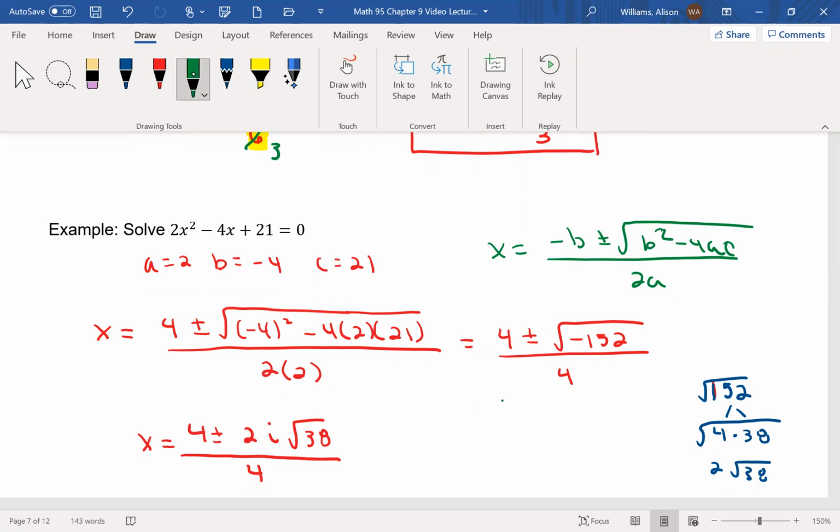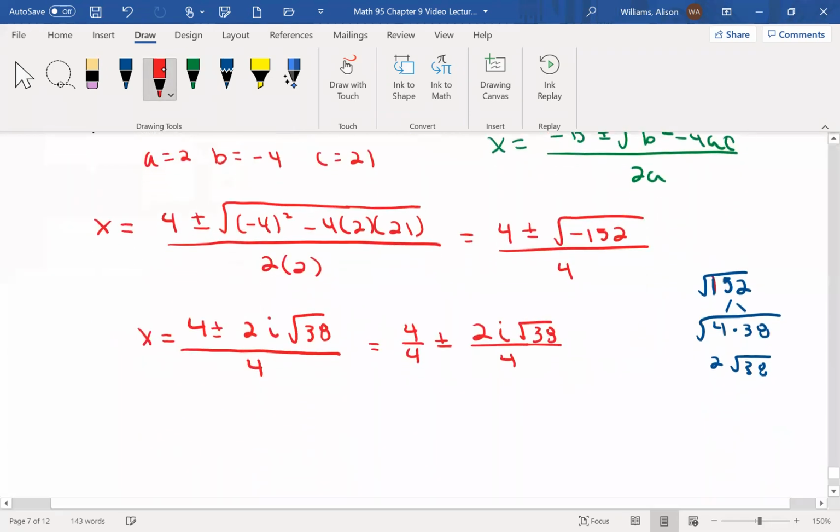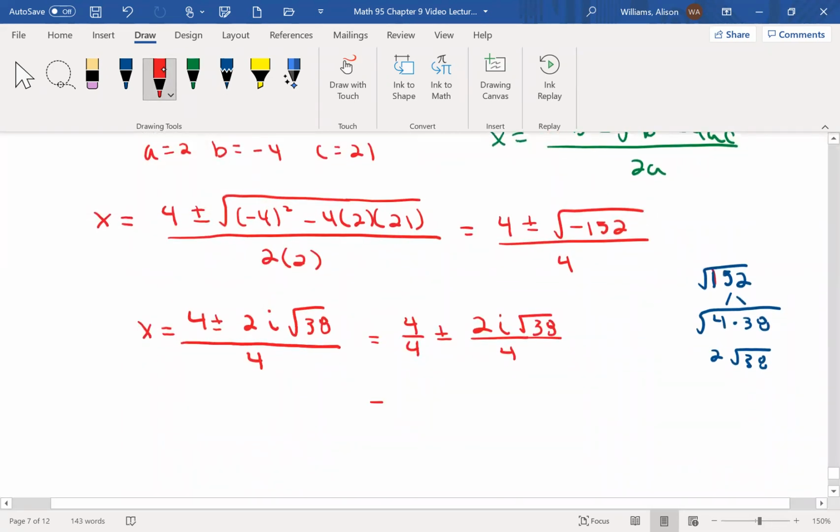So we're going to break this fraction up. So I'm going to break this fraction up as 4 over 4 plus or minus 2i square root 38 over 4. Okay, and now I am going to simplify this. So 4 over 4 is just a 1, but 2 over 4, that actually reduces to 1/2. So I have a 1i over 2.